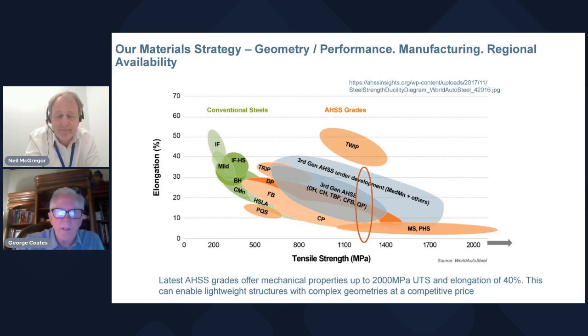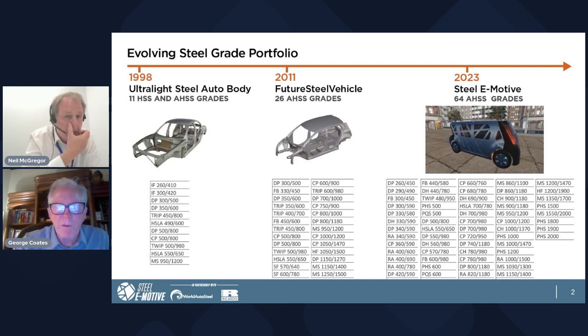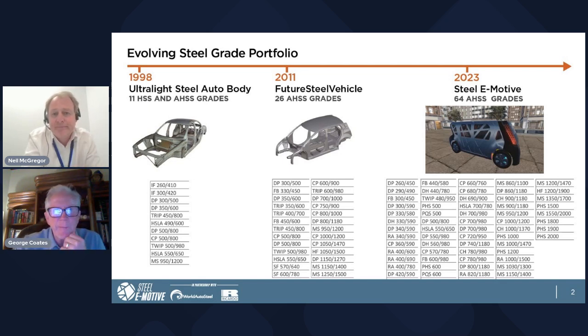That's great. You mentioned the term portfolio. Let's talk about that for a couple of minutes. For the attendees here, you'll see the evolving steel grade portfolio represented by this slide. In the very first large vehicle program developed by WorldAutoSteel, termed the ULSAB, the UltraLight Steel Auto Body, there were only about 11 grades of high-strength steel and advanced high-strength steel.